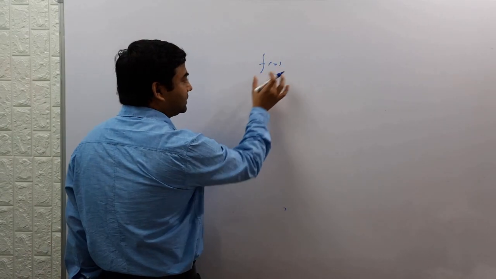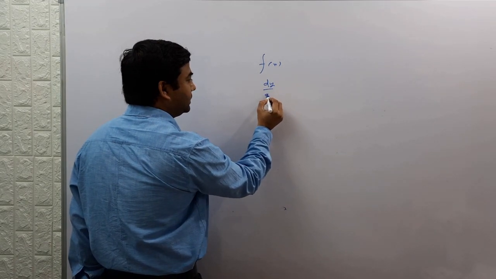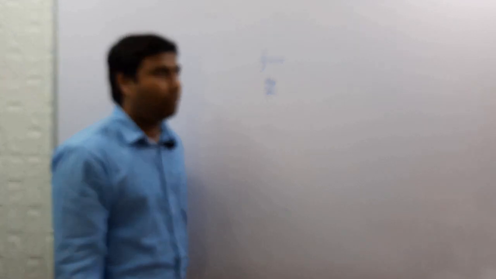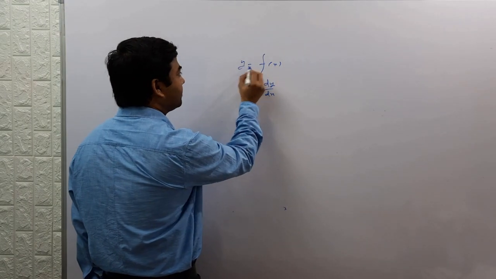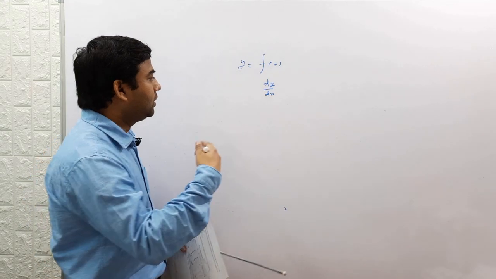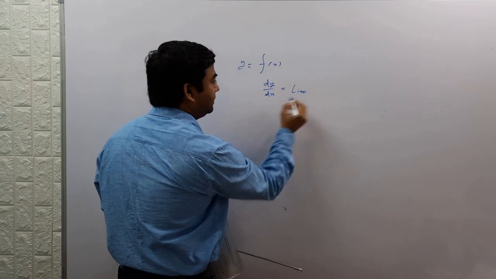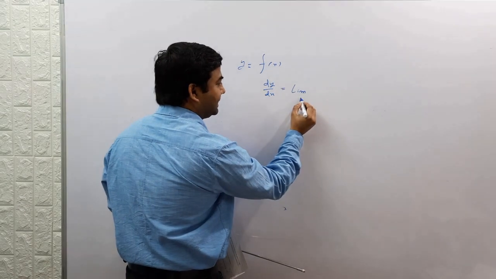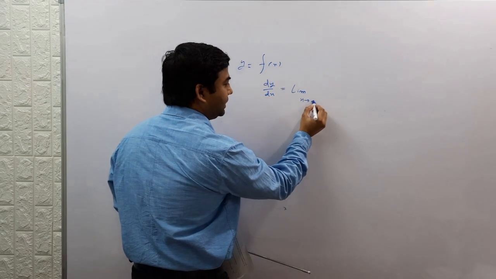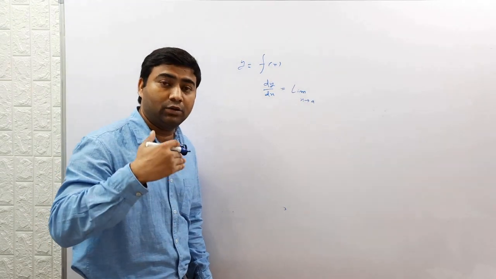The derivative of this function is defined as dy over dx. And this derivative is defined in terms of a limit, x tending to a, for a particular value. Derivatives are always defined at a particular value.